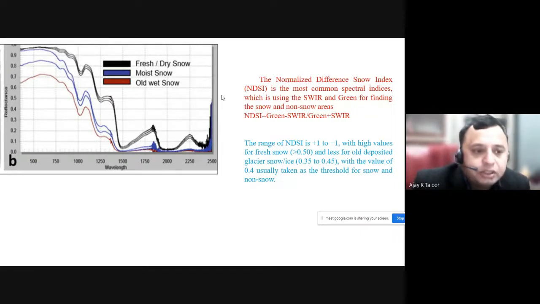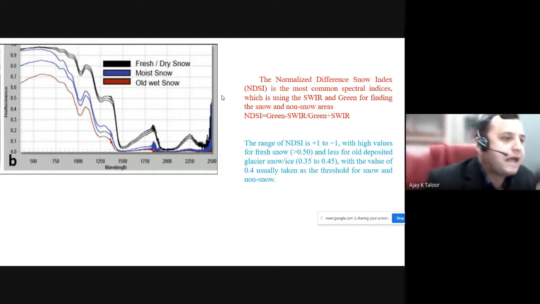By using this particular ratio, NDSI, green minus SWIR upon green plus SWIR, we are able to determine which area has snow. In satellite data, if you have an FCC, like ASTER, data from the Landsat series, Indian Resourcesat data or LISS data, we are able to determine this NDSI. Even from models we can also try to derive this NDSI.